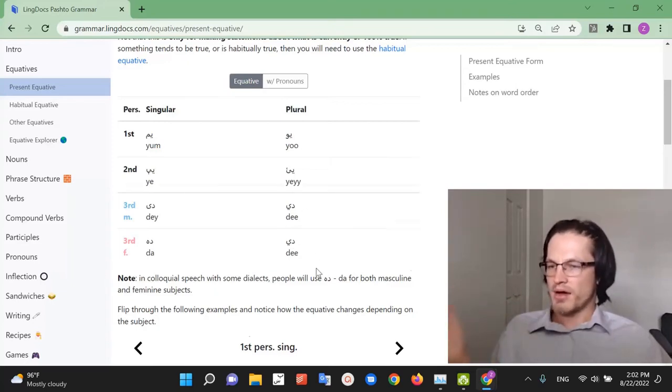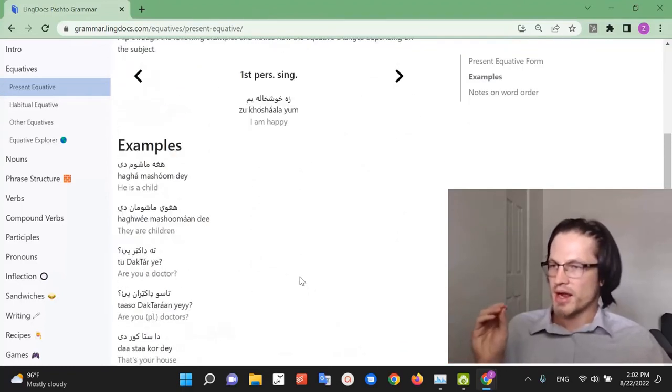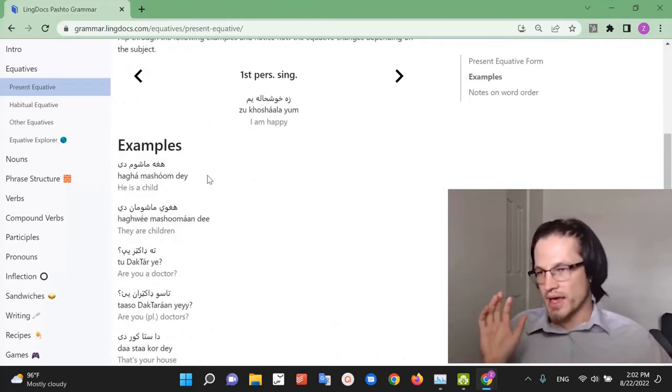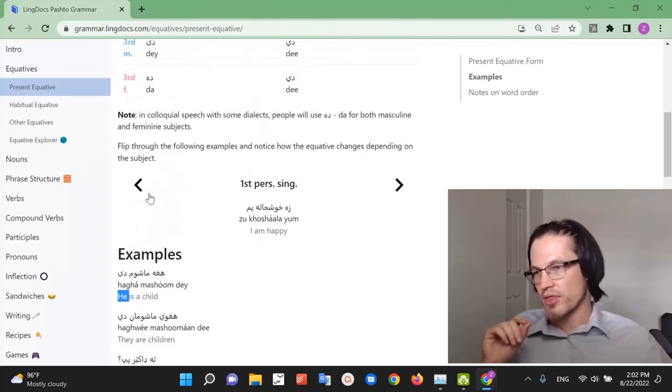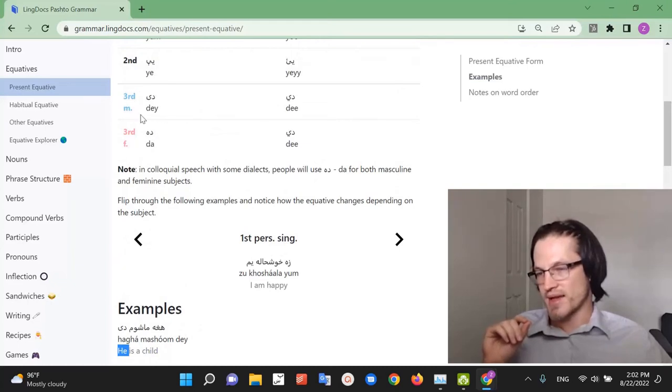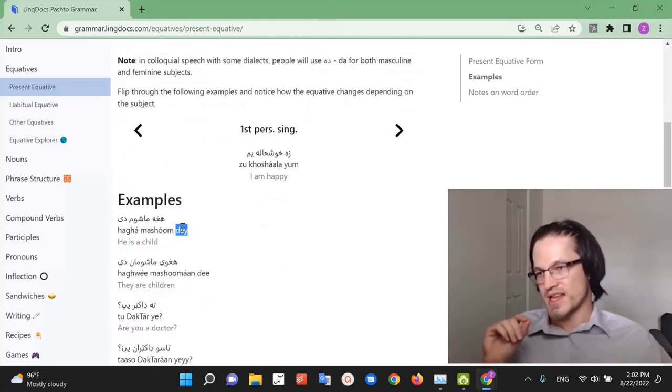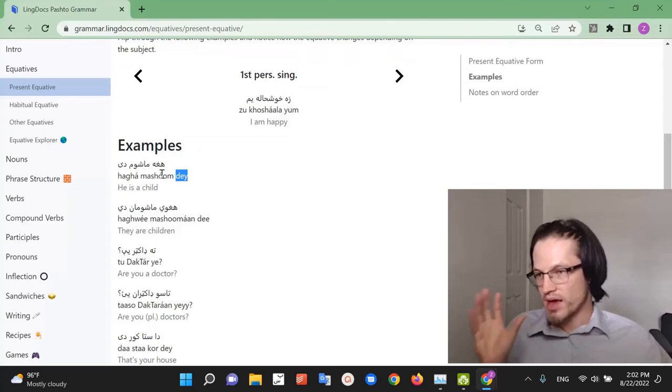Okay. Now, if that's not clear enough, come down here and look at some of the examples. So don't get caught up in understanding every Pashto word here. Just look at the end and then read the English. So he is a child. So notice it's masculine, okay, and it's third person singular. He is, third person singular masculine right here. And so then we have de. He is a child.